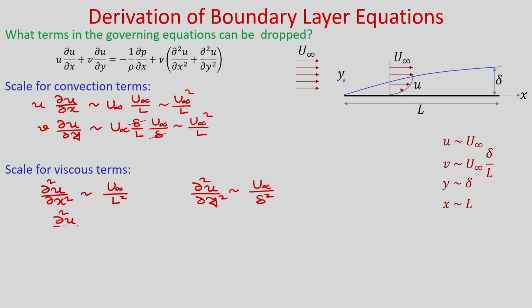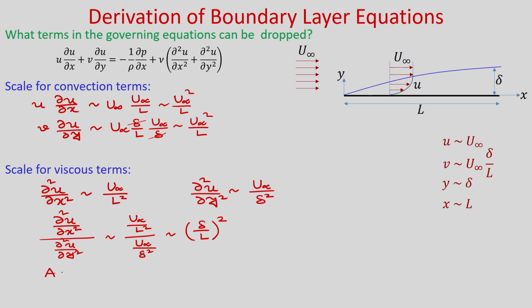So, del 2 u by del x square divided by del 2 u by del y square. Okay. So, it will be order of u infinity by L square divided by u infinity by delta square. So, you can see this will be order of delta by L square. So, we have already postulated that delta is much smaller than L. Okay.